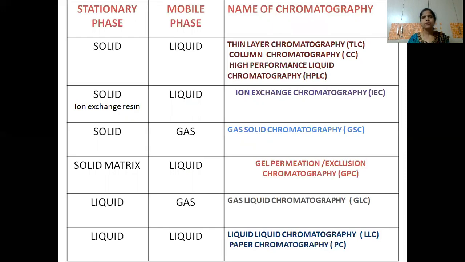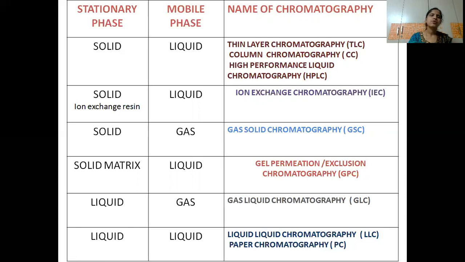In this, you can see that there are different techniques again. Thin layer, CC stands for column chromatography, then high performance liquid chromatography, which is HPLC. In all these cases, the stationary phase is solid and the mobile phase is liquid.